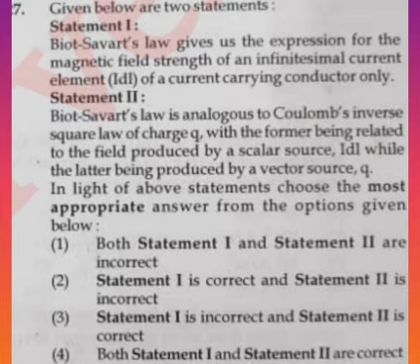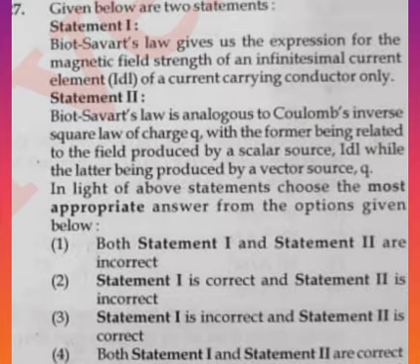Statement 2: Biot-Savart's law is analogous to Coulomb's inverse square law of charge Q, with the former being related to the field produced by a vector source Idl, while the latter being produced by a scalar source Q. In the light of the above statements, choose the most appropriate answer from the options given below.